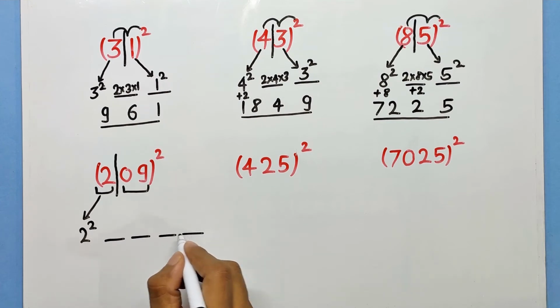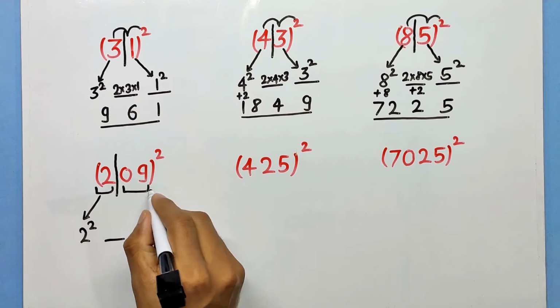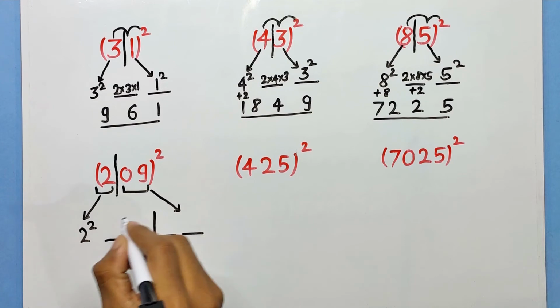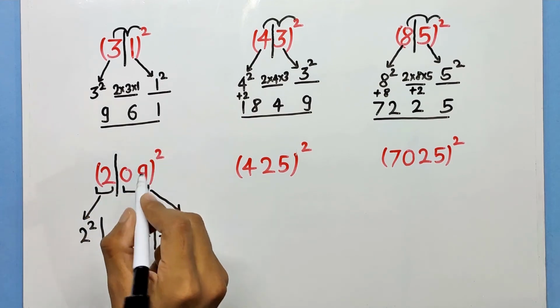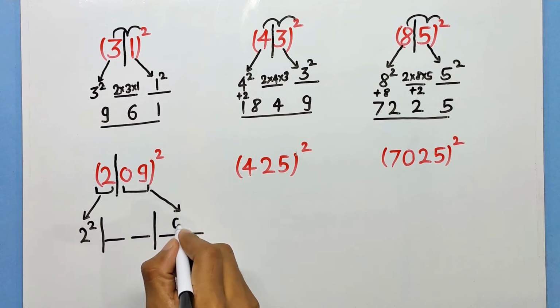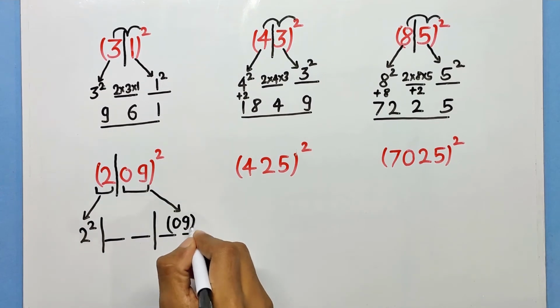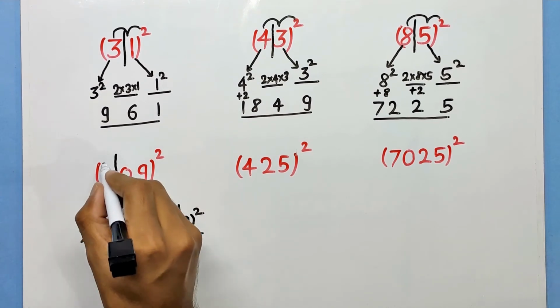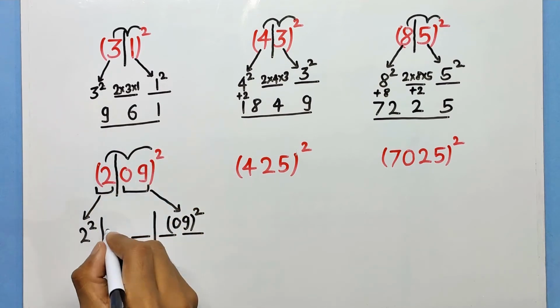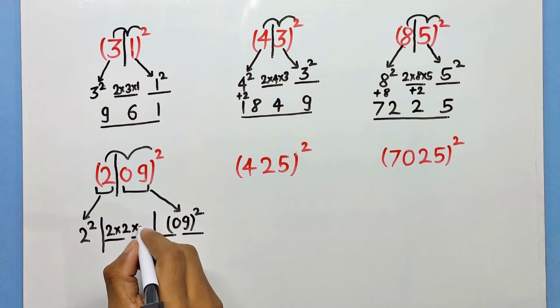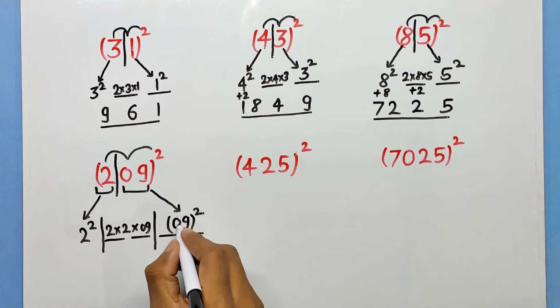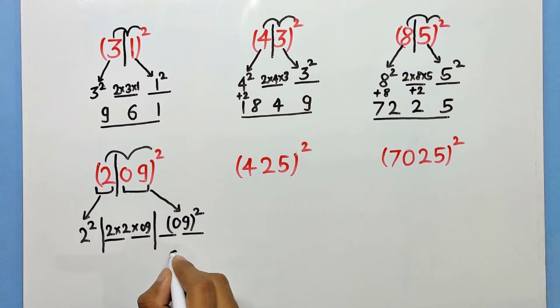And in these two places, we'll write the square of this number. And in these two places, we'll multiply these three numbers. So let me write the square of this number, that is 09 square here. And in the middle, we'll multiply these three numbers. So 2 times 2 times this 09. So 09 square, that is 81.